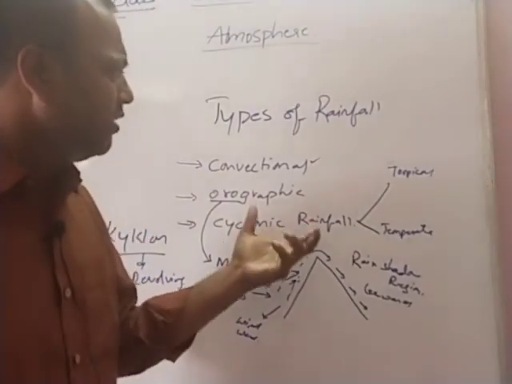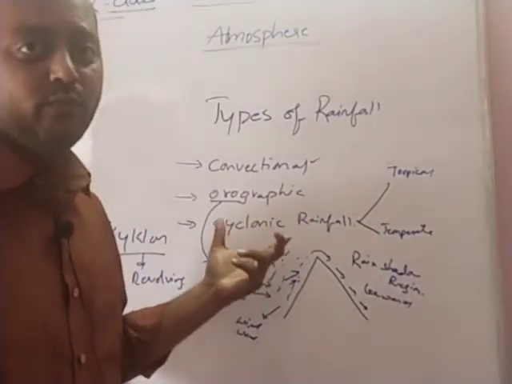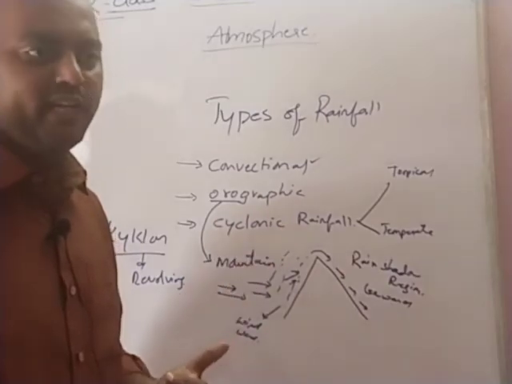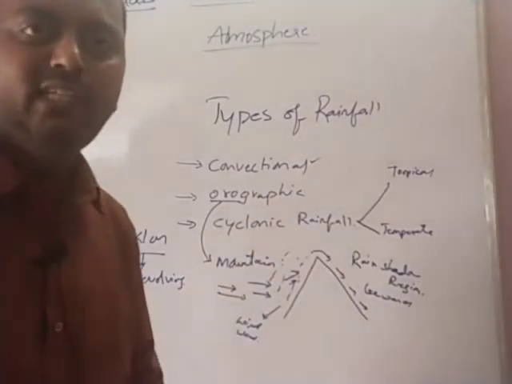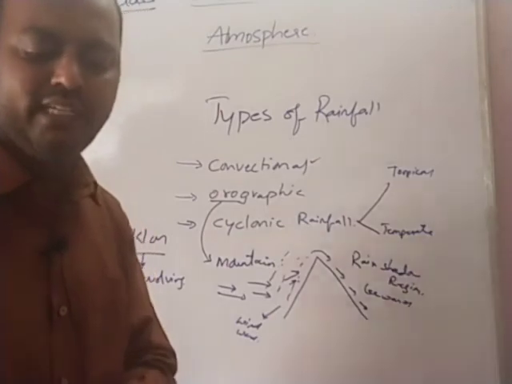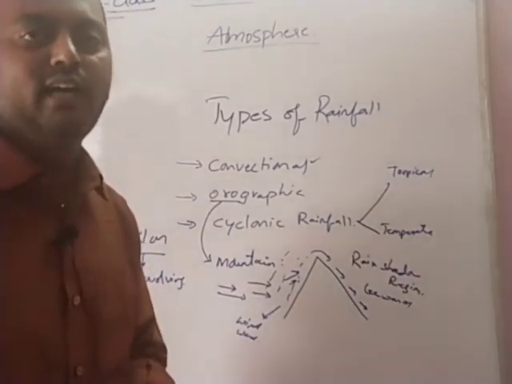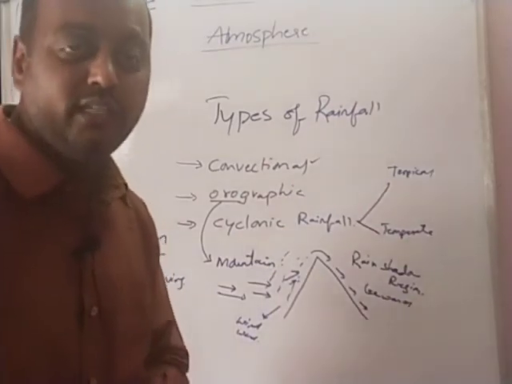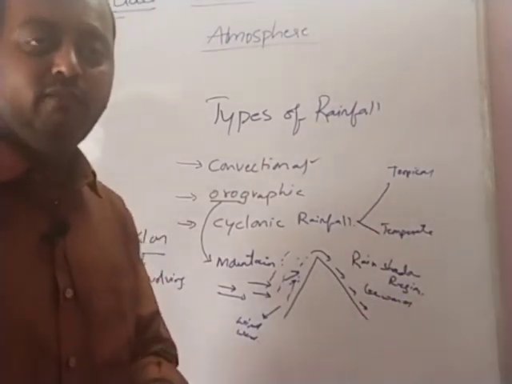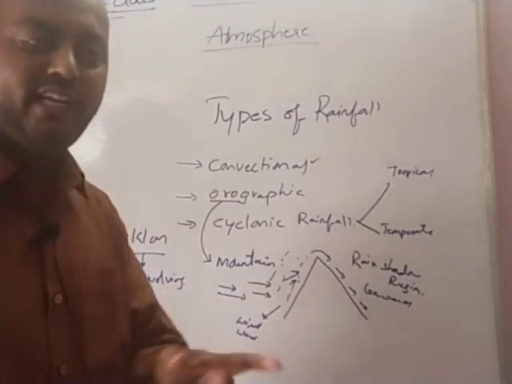And what about the distribution of rainfall across the world? Between the latitudes of 10 degrees and 30 degrees north and south of the equator, due to the trade winds, rainfall will be heavier on the eastern coast and decrease towards the west.